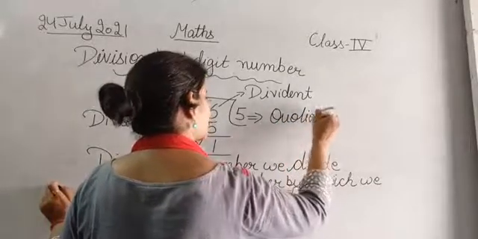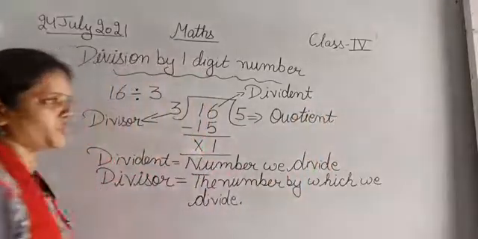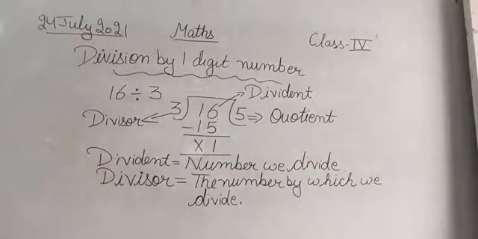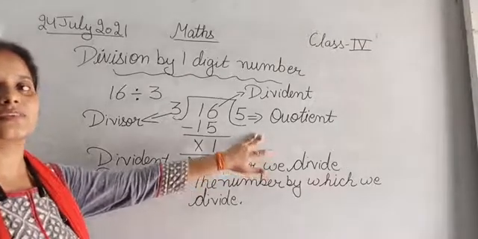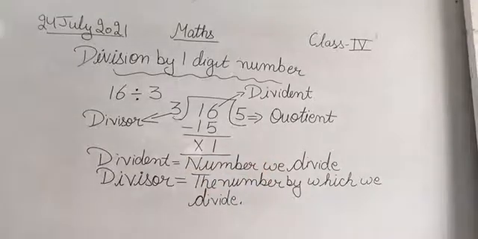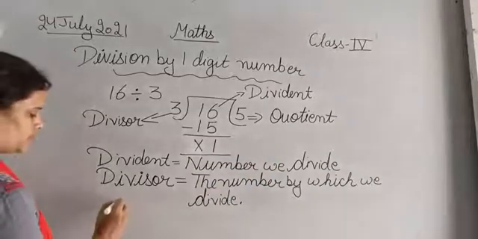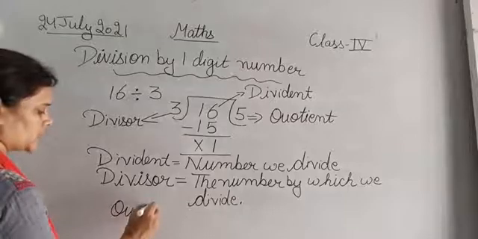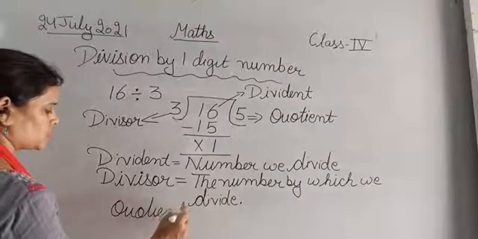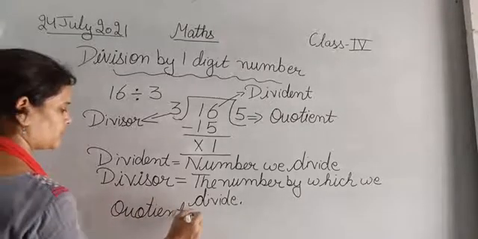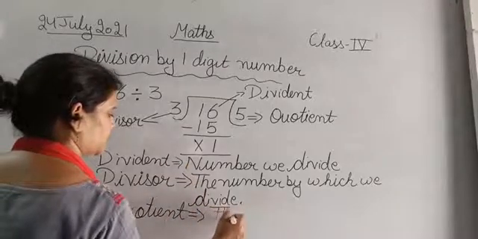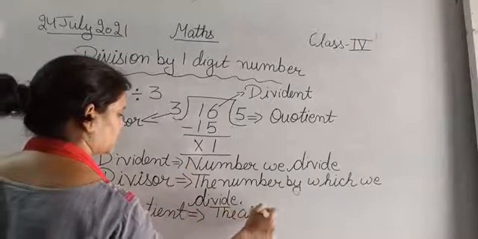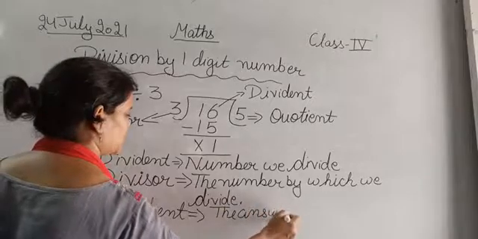Q-U-O-T-I-E-N-T. So the answer is the quotient. The answer is called the quotient. So what do we call the answer? It is quotient, not question. Quotient is the answer that we get after doing the division.